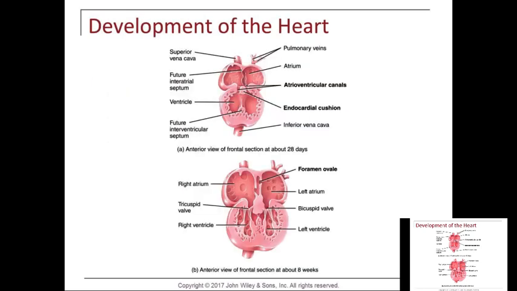In terms of development of the heart, I just wanted to show you how during the initial stages of heart development, you really don't see the distinct four chambers. You see here, there's no division separating both of those atriums.